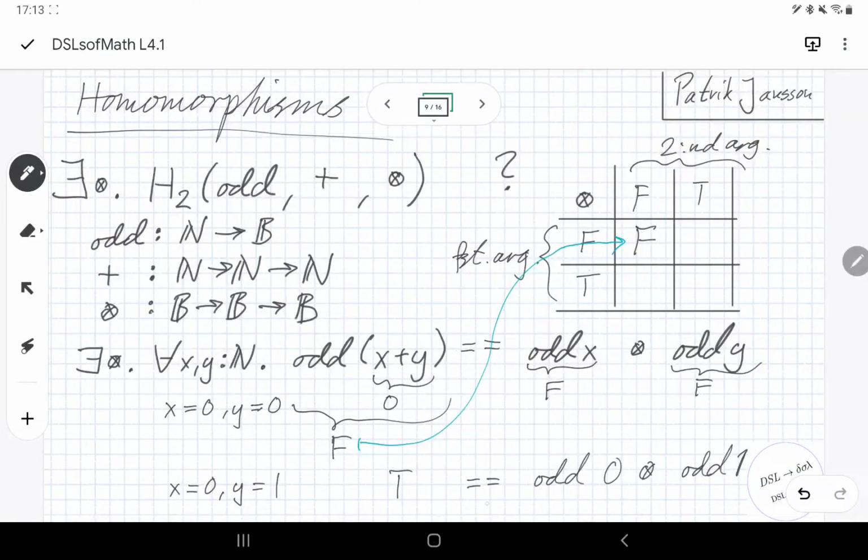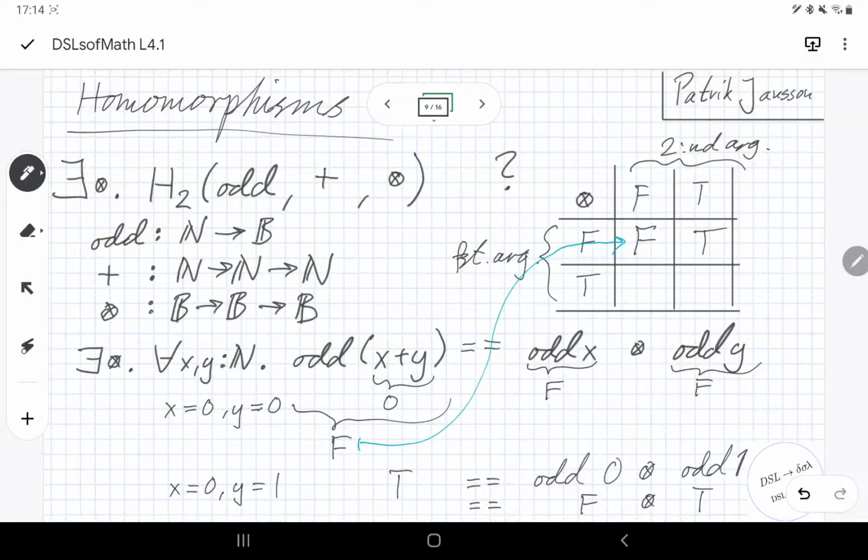But this is the same as false times true. Okay, that means with the first argument false, so the first argument false means the first row in this table, and the second argument true, the second column, it means the result to be filled in there is true.